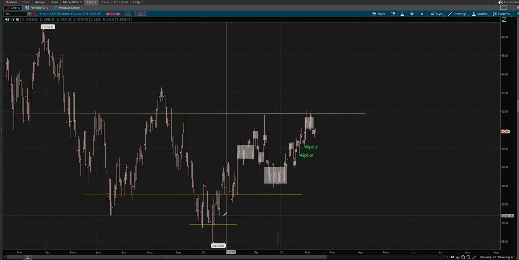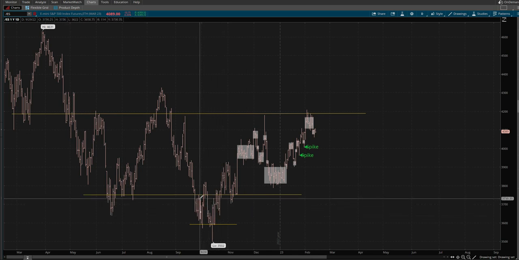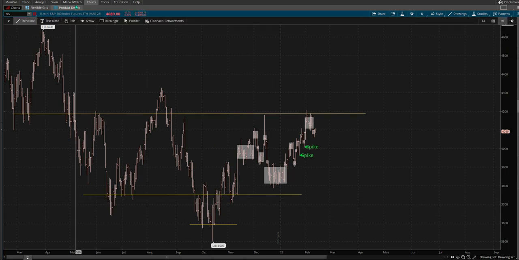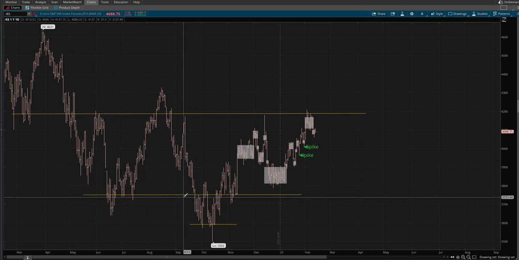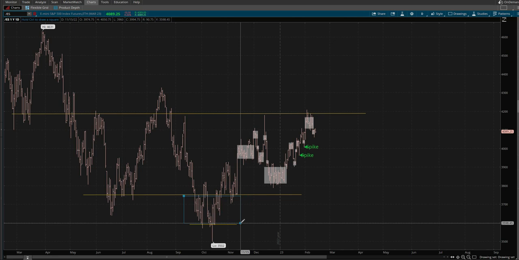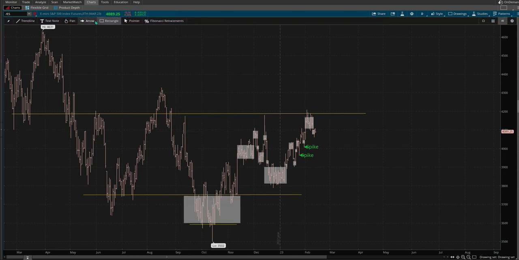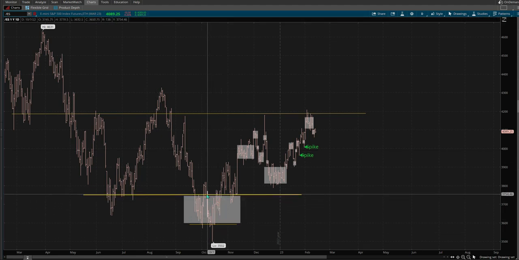First you have to see where the market is. This market obviously broke out of, let's see, where am I? Rectangle. Well, actually this is a balance area. Let's say there's a balance area, which it is actually, but the market broke out in this balance area, and it kept going.